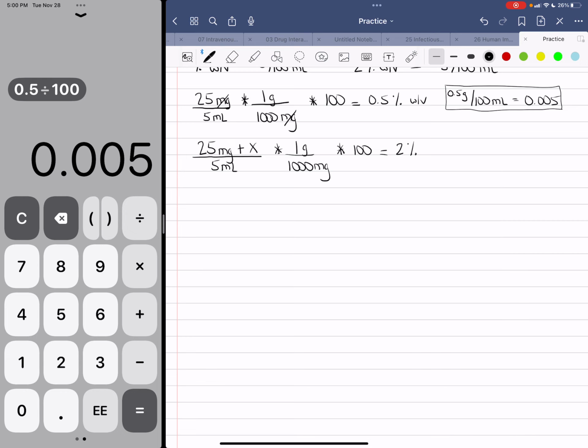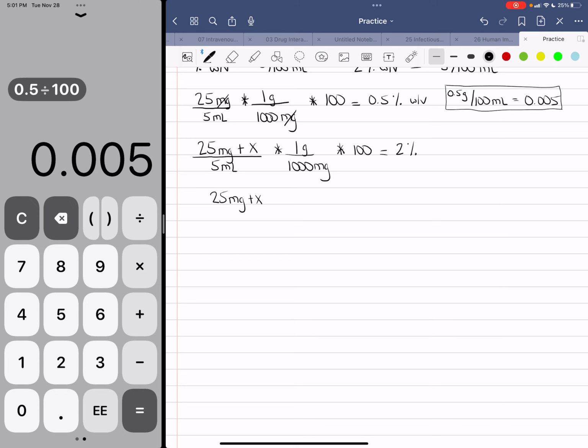All right, and then we just do our algebra. So I like to clear off my multiplications and divisions first. And I'm going to end up with 25 milligrams plus X over here.